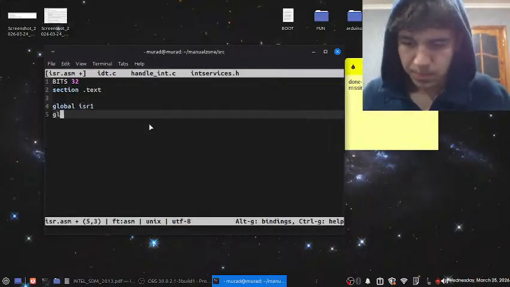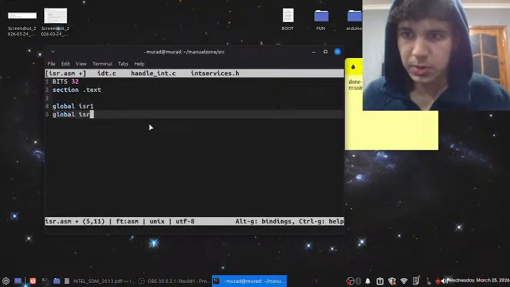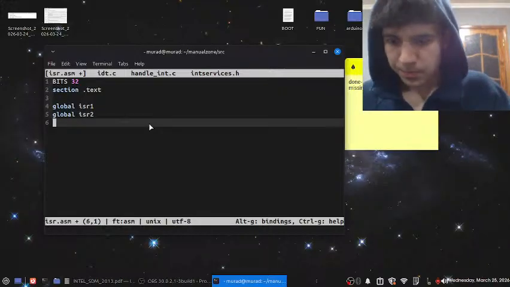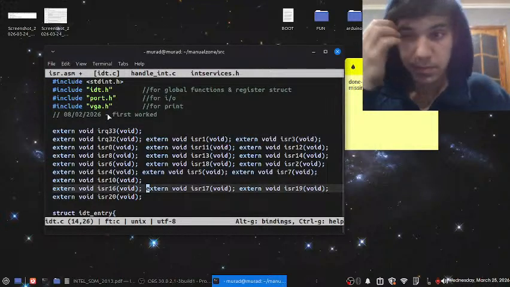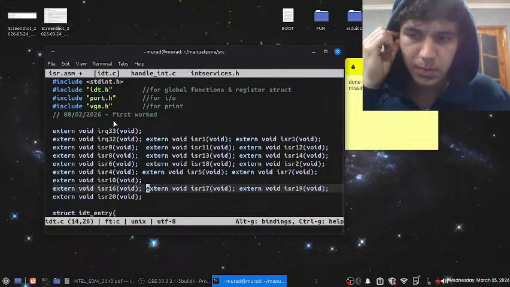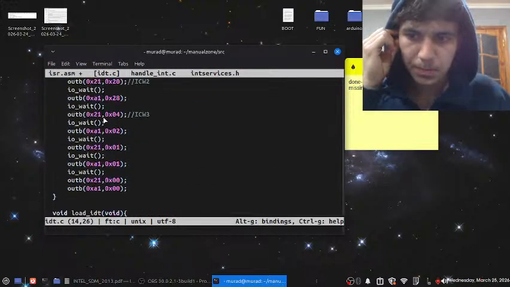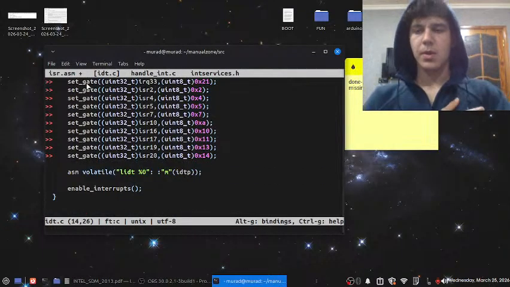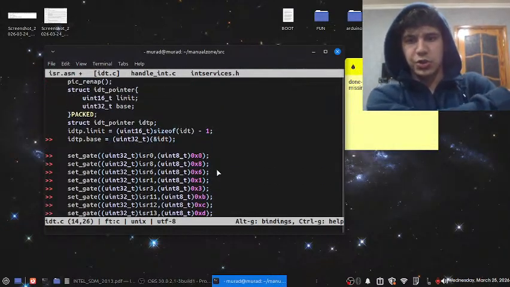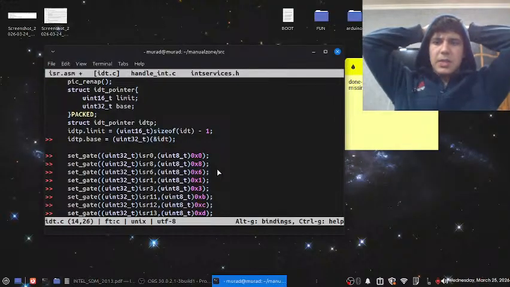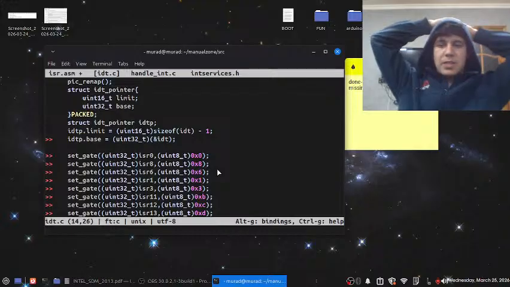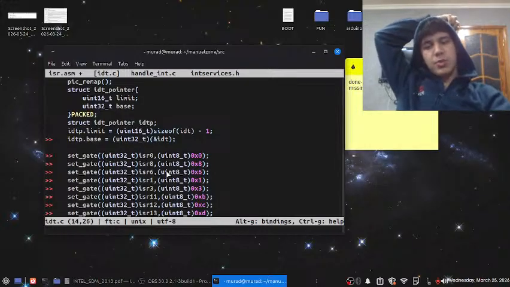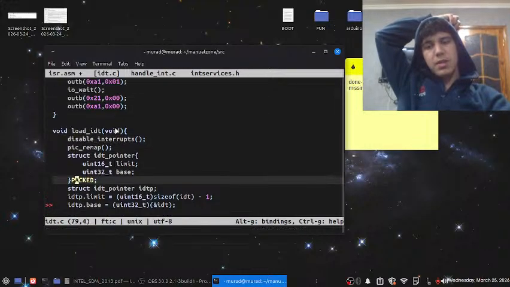Anyway, let's do globals here. Global, wait. The setGate function sets the IDT's vectors, passes the vector numbers in hexadecimal to IDT vectors.